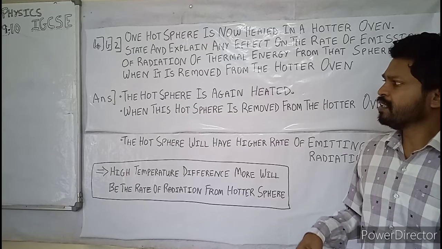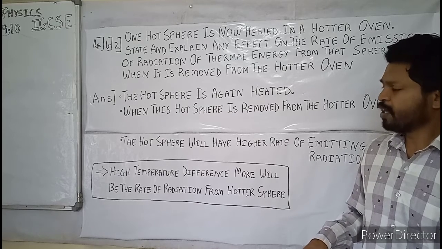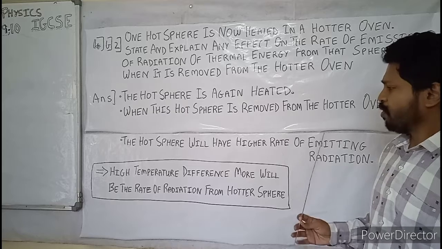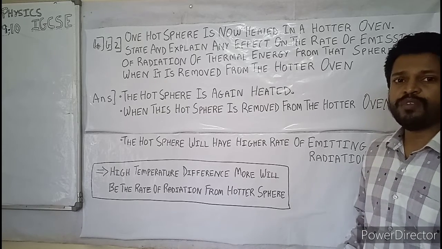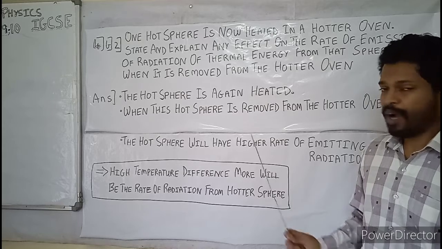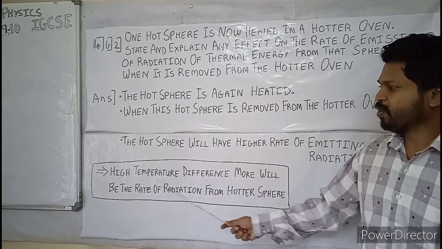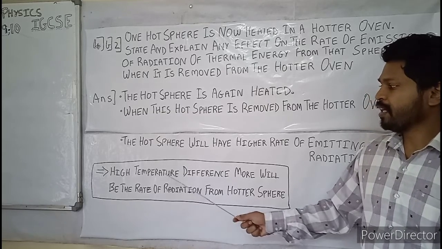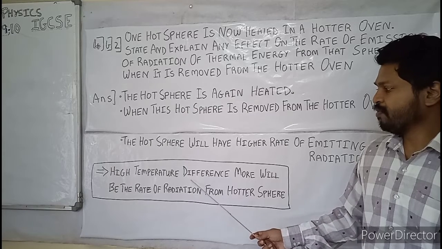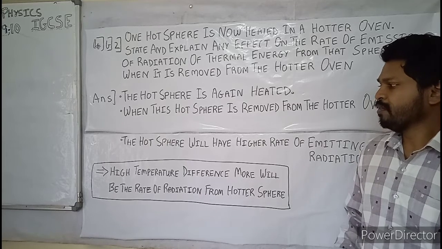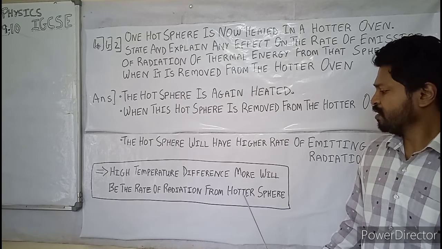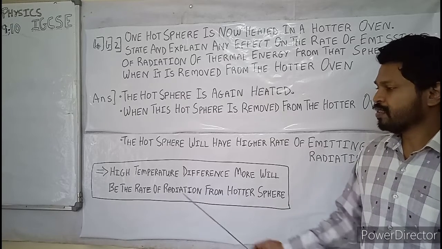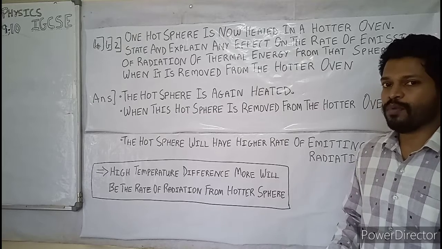Second, when this hot sphere is removed from the hotter oven, the hot sphere will have a higher rate of emission of radiation. Okay, why is that? When the temperature difference is more, the rate of radiation from the hotter sphere will be more. This is the main reason why it is more.